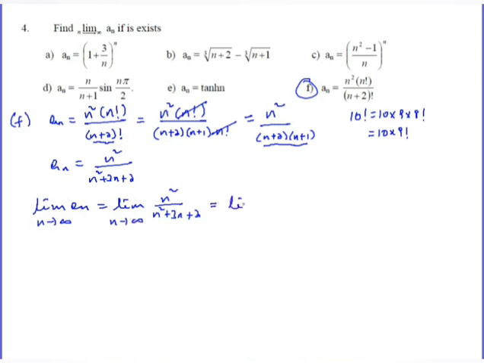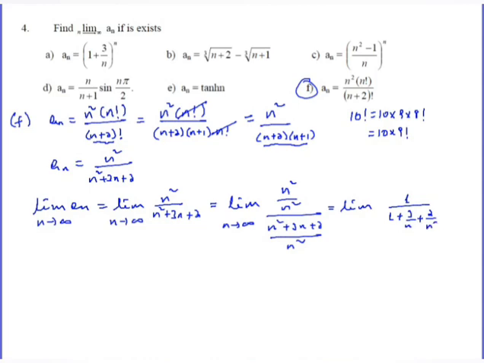You can check that this is the same as dividing by n square: n square over n square over n square plus 3n plus 2 over n square. Writing it this way, the limit of 1 over 1 plus 3 over n plus 2 over n square as n approaches infinity.